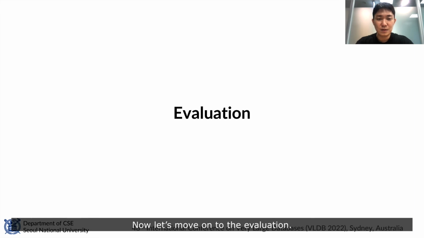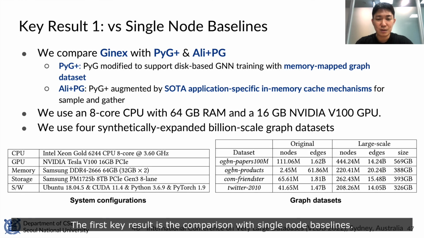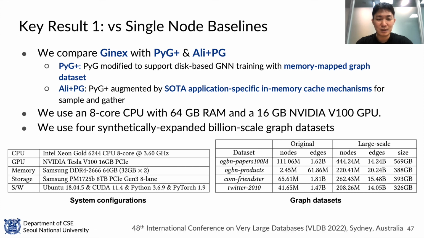Now let's move on to the evaluation. I'm going to introduce two key results. The first key result is the comparison with single node baselines. We compare Ginex with two baselines named PyG Plus and Ali Plus PG. PyG Plus is a simple extension of PyG which memory maps out-of-memory graph datasets.